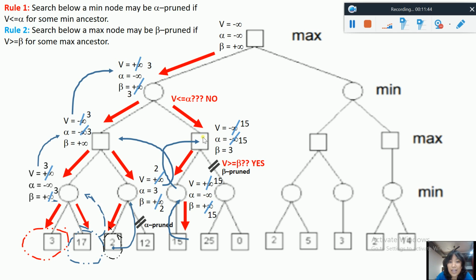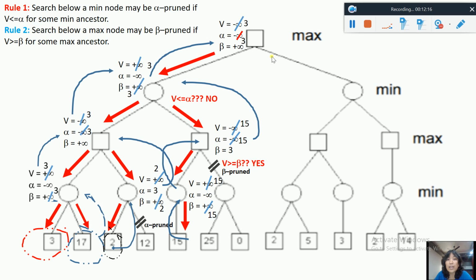Again, it will move to its parent node backwards, and as this is the min player, and already min player has a very good value which is 3, because min player always tries to get the minimum value, 3 is very much lower than 15. So min's node value will remain 3 and beta value will also remain 3. Now this value will go to its parent node again.